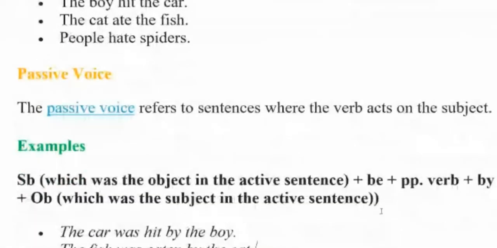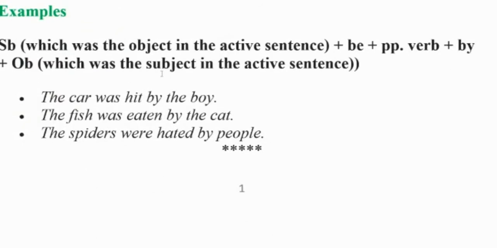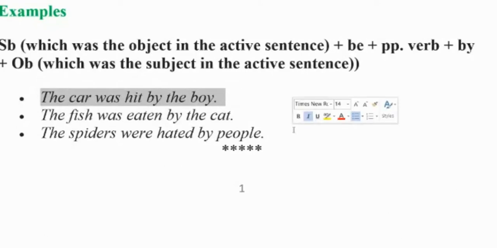Can anyone read the passive? Let me read the passive form. Active sentence: the boy hit the car, but here the car was hit by the boy. So the subject turned into an object, and the object becomes the subject.